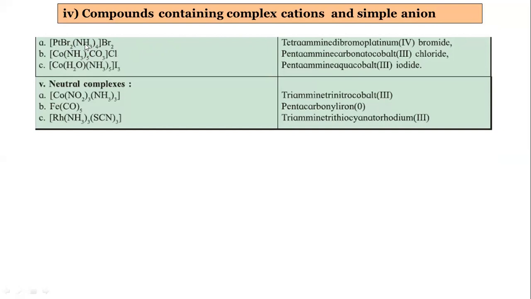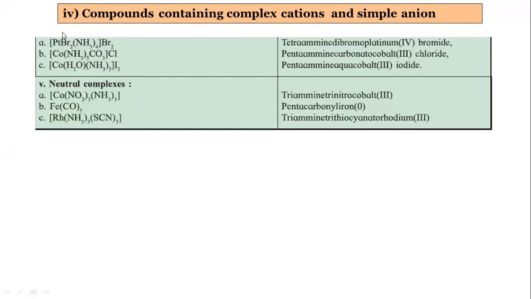So tetraammine, then dibromo because there are 2 bromines. Tetraamminedibromo, then platinum because the complex is positively charged. As the complex is positively charged, it remains platinum.